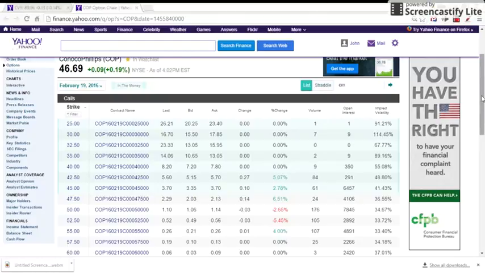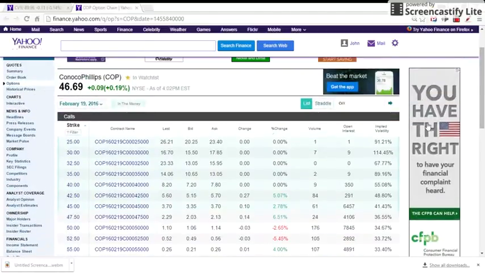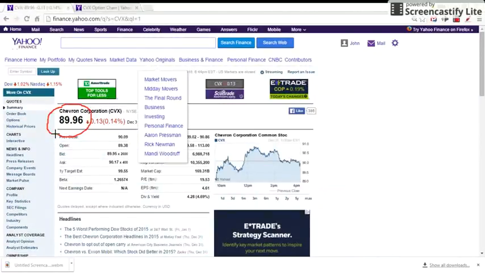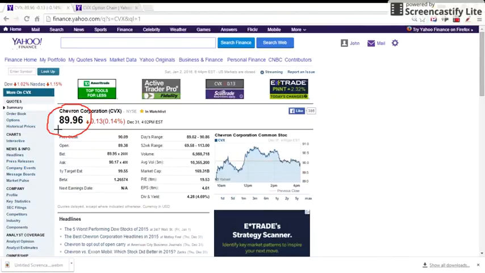So right here I have actually a Conoco options chain. I want to try to get the Chevron here, but let's go to Chevron if I can bring up Chevron. So there it is. So getting back here, I own the shares, $90. I am going to sell somebody the right, but not the obligation, to buy my shares. Now, I get to pick the price, and I get to pick the time frame.